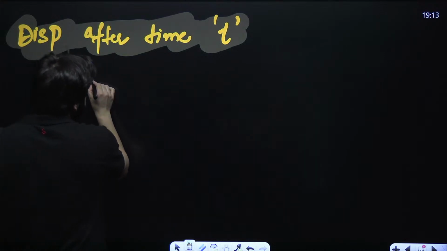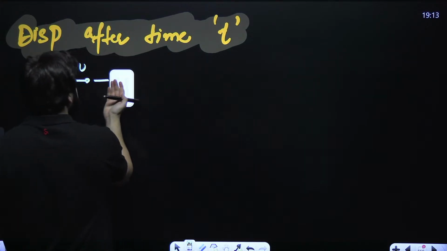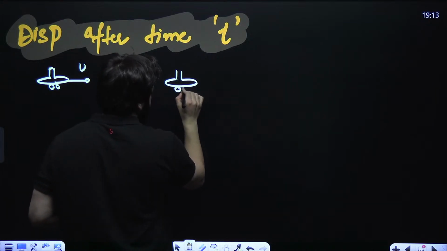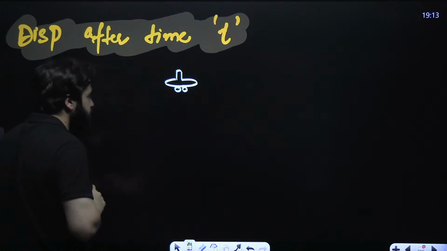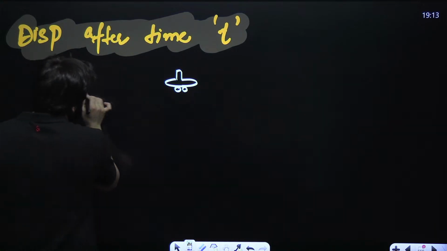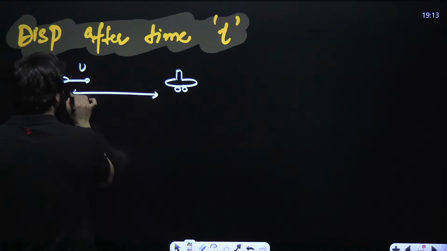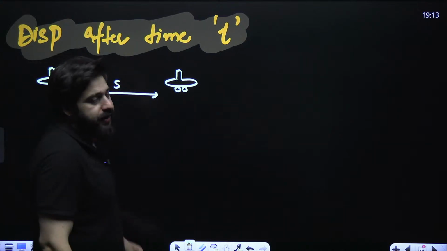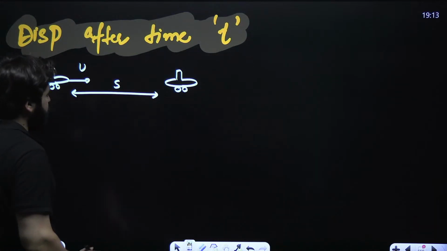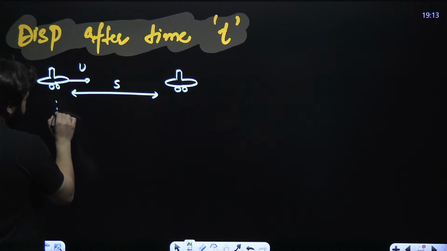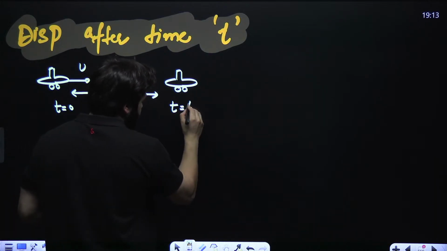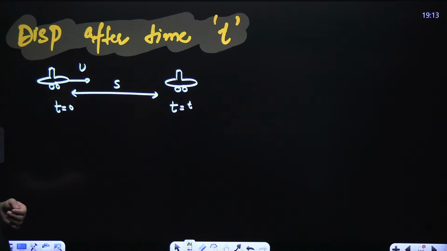After some time, let's suppose the car reached this particular position. This much is the displacement of the car covered in this duration. Initially it is moving with velocity u, and initially time is 0, and when the car reached over here, time is t.